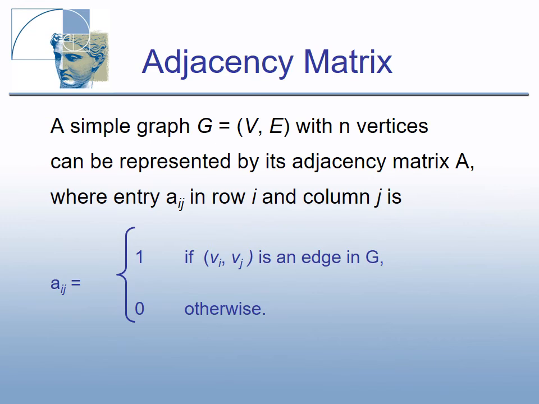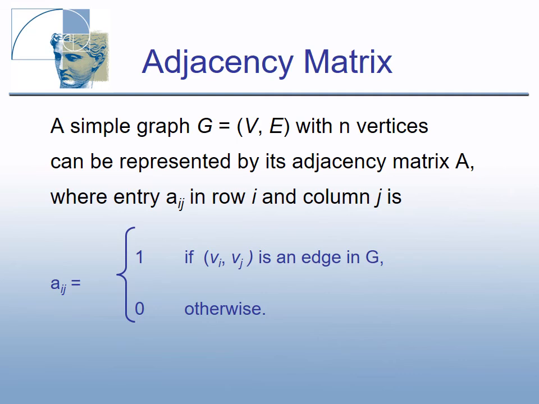Adjacency matrix is a matrix made up of zeros and ones. Imagine that row i and column j correspond to the ith and jth vertices. If there is an edge between these two vertices, then the element of the adjacency matrix A sub ij equals 1.